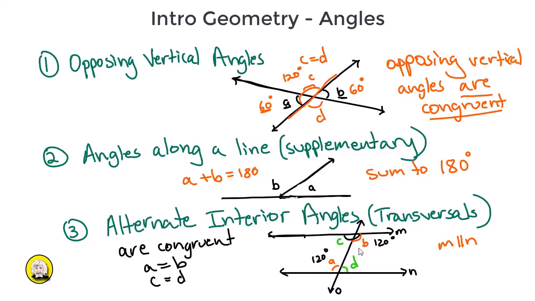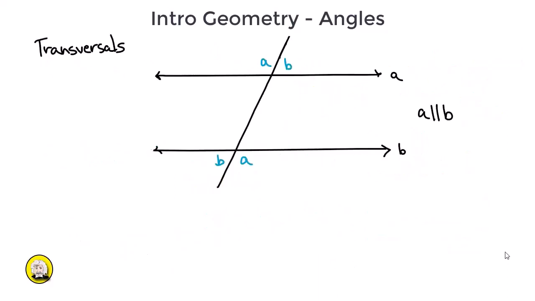So if B were 120, we know C must be 60 degrees. And based on our alternate interior angle theorems, we know D must also be 60 degrees. So these theorems will help us fill in missing angles and or set up equations to solve for angles in various problems.